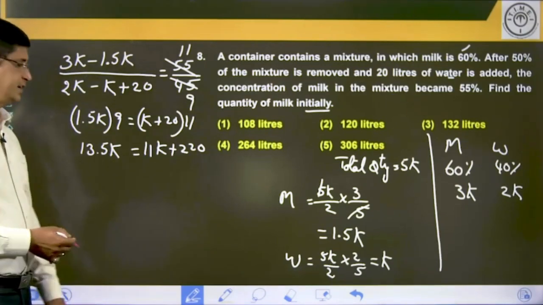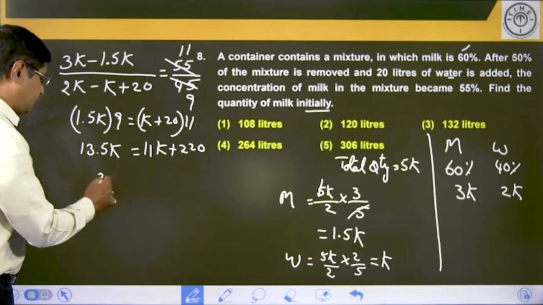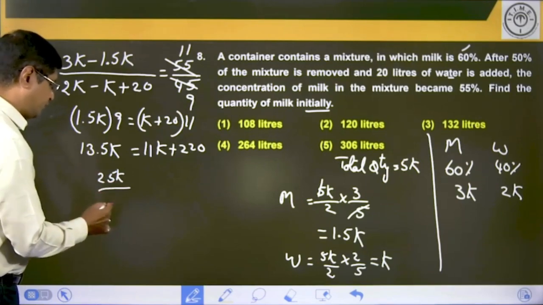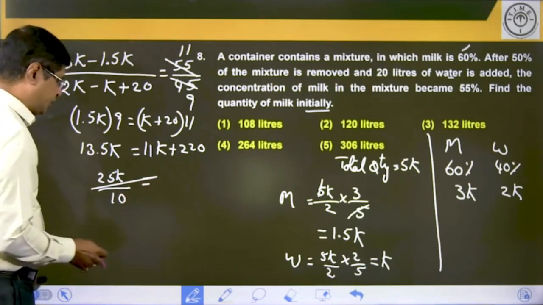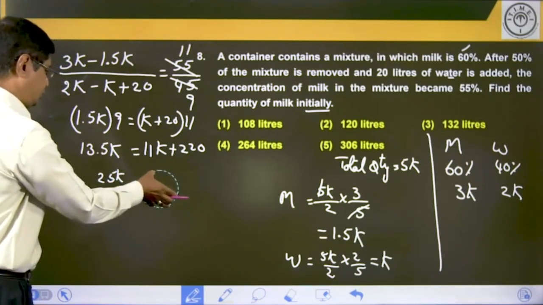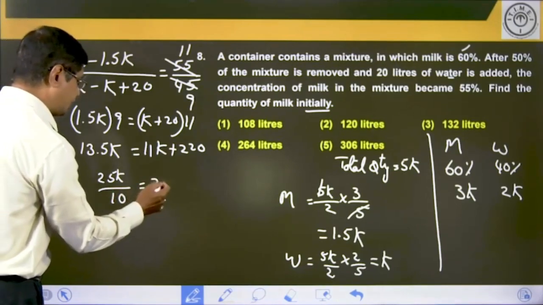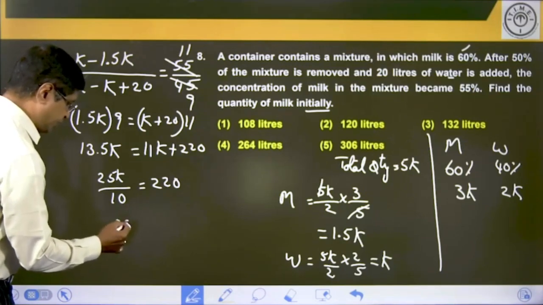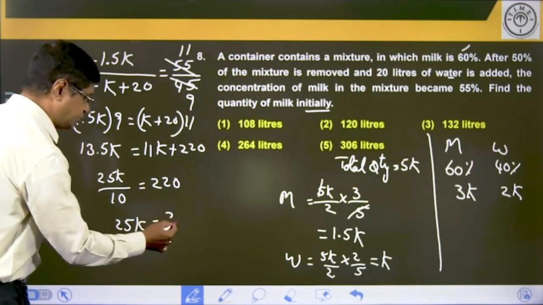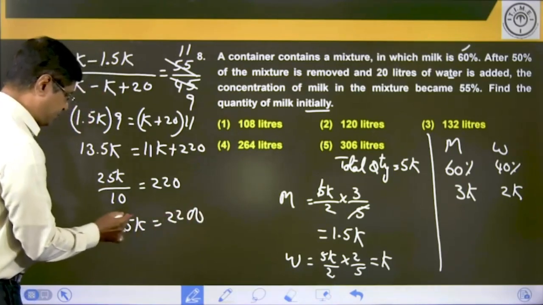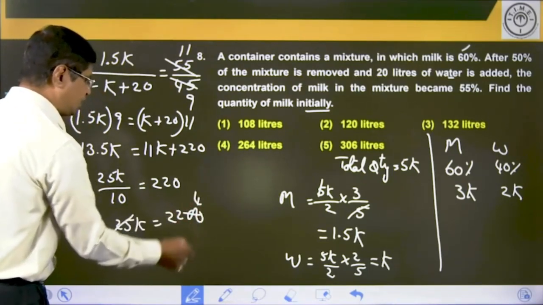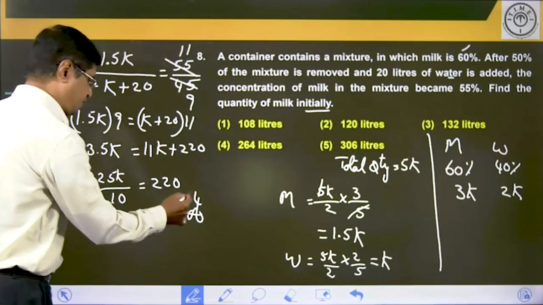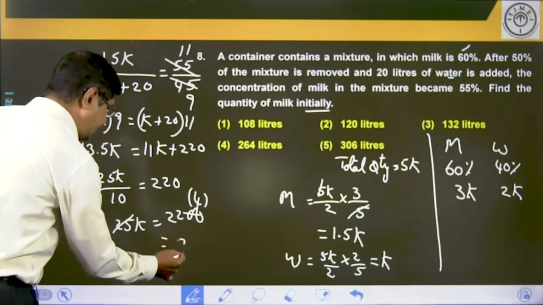By taking K on one side, 2.5K is equal to 220. What is the value of K? Now simplify this. 220 by 2.5 means it goes exactly 88 times. K is equal to 88.